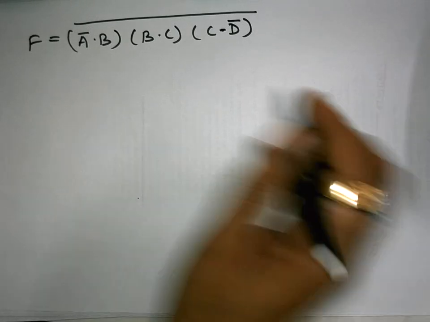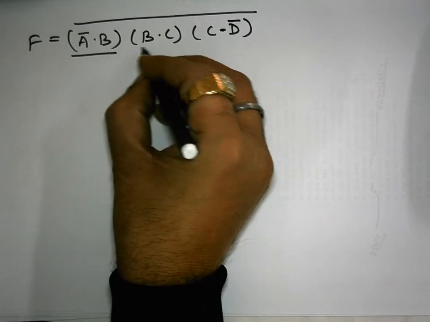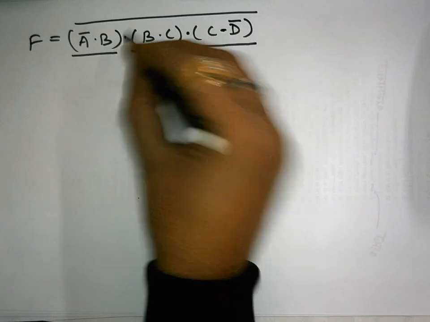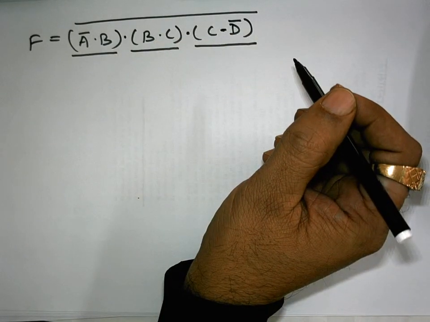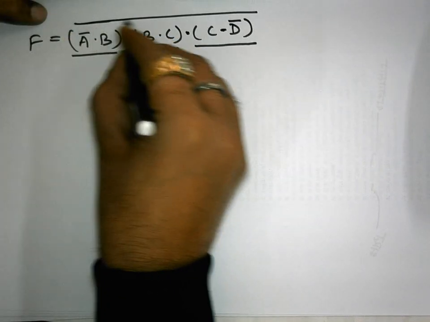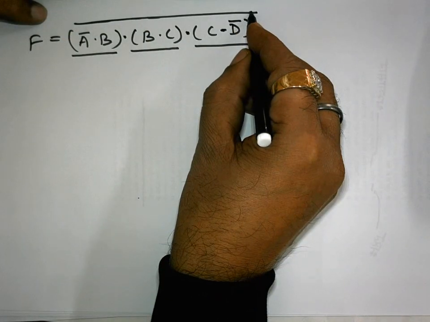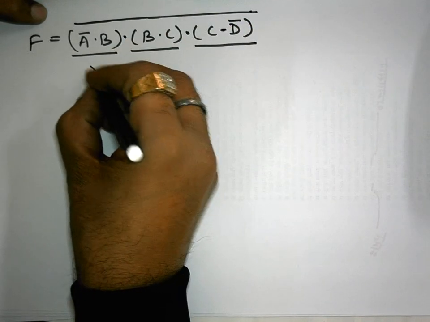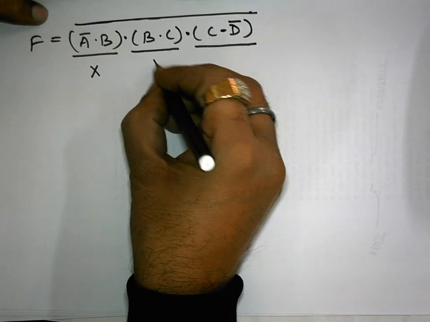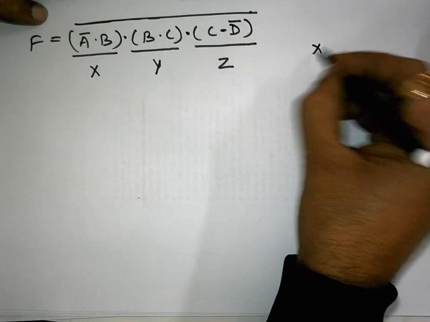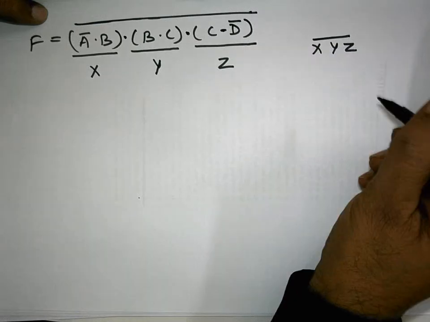What De Morgan's law says is that these terms comprise some products over here, and there is an overbar over this expression. So according to De Morgan's theorem, if I call this expression x, this expression y, this expression z, this is simply x, y, z whole bar.